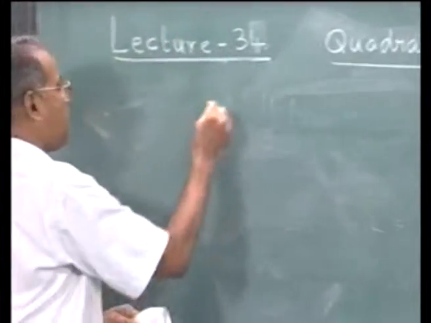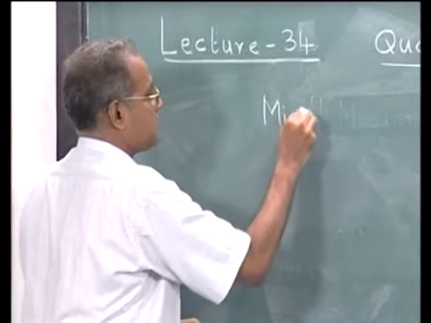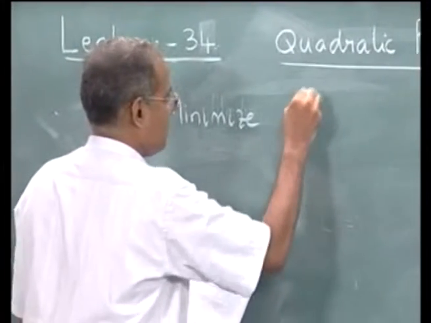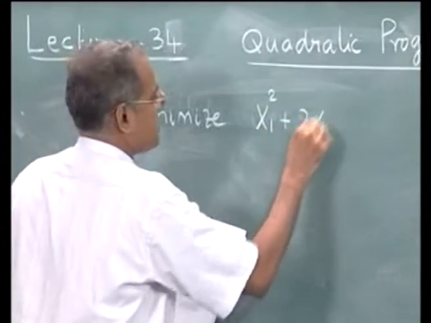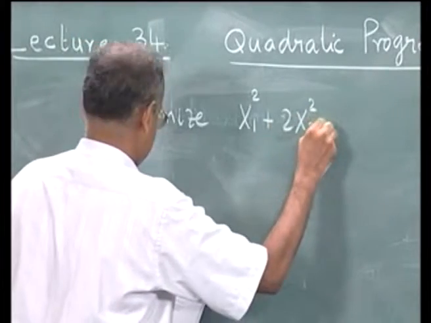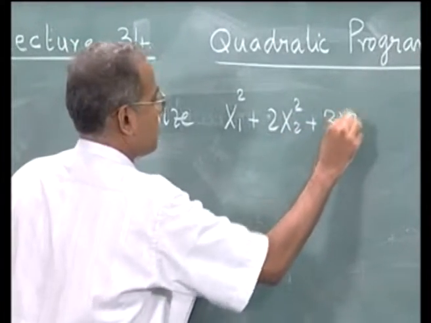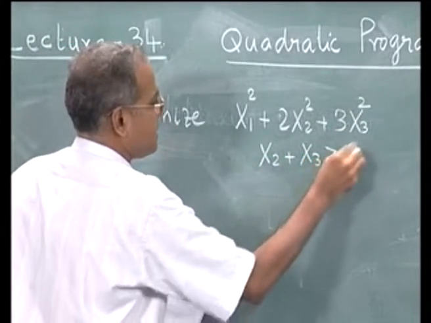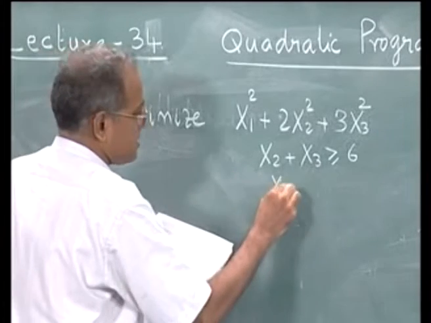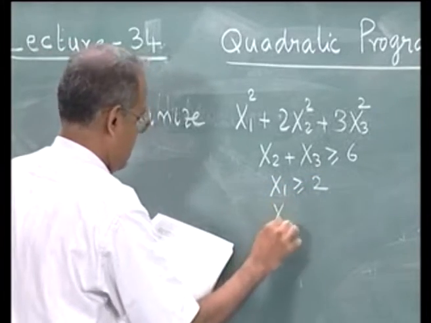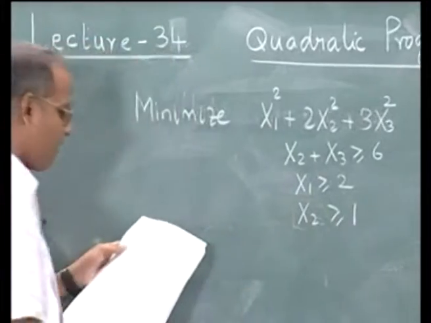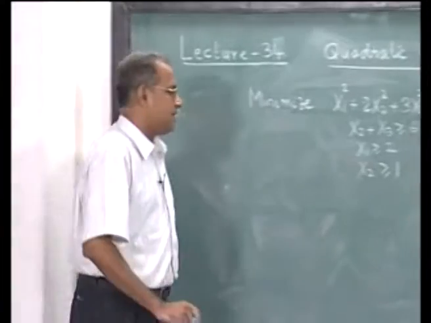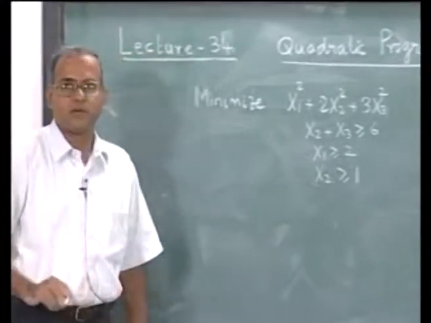Let us consider a problem like this: minimize x1 square plus 2x2 square plus 3x3 square subject to x2 plus x3 greater than or equal to 6, x1 greater than or equal to 2, x2 greater than or equal to 1, and that is it. This does not have an explicit restriction that x1, x2 should be greater than or equal to 0.